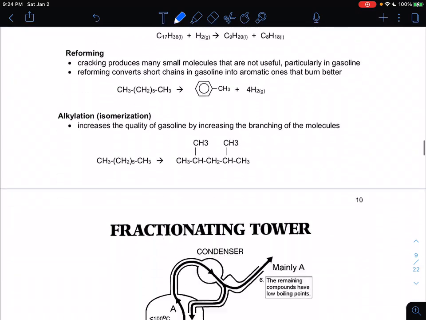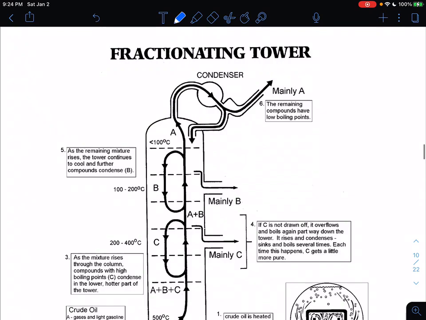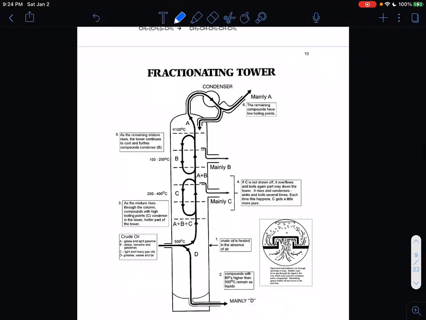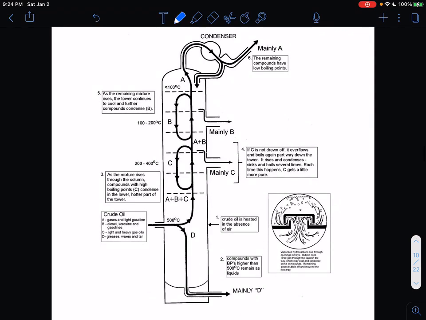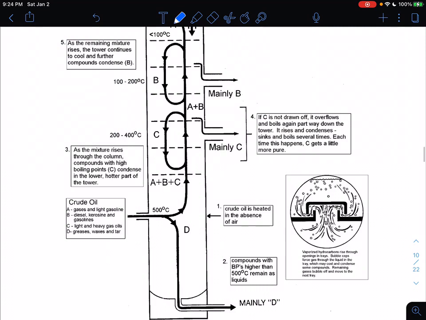I'm going to turn to the next page that you have, and here I have a fractional distillation tower. What I've got here is a mixture of 4 different types of hydrocarbons: A, B, C, and D. The A's are the lightest, so they're gases and light gasolines.